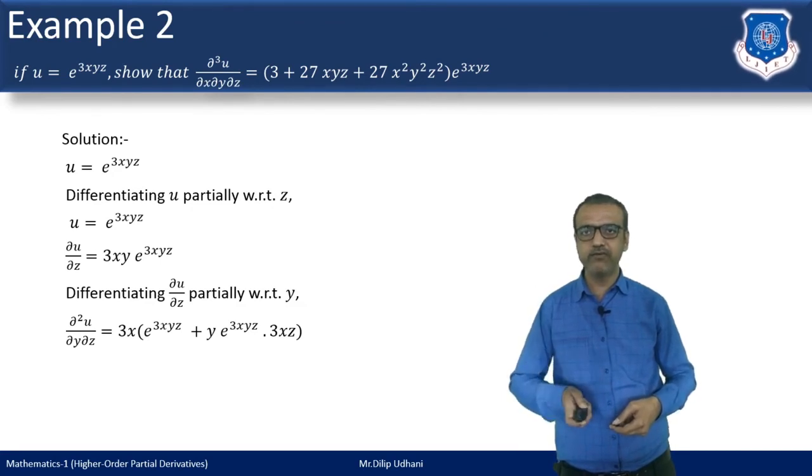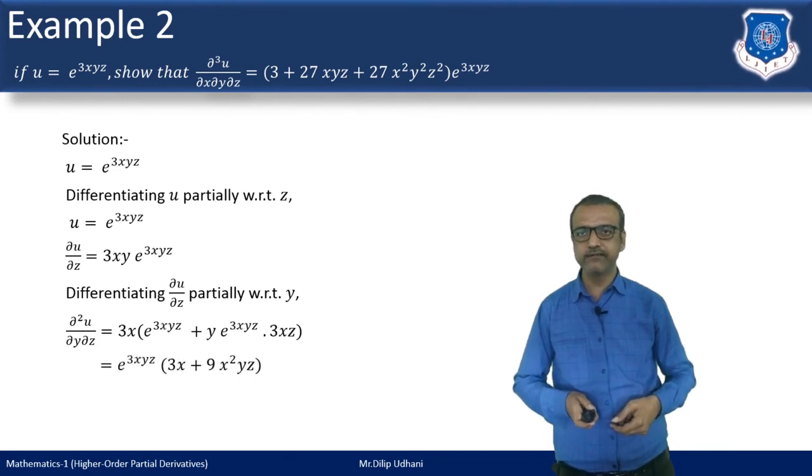Then plus y as it is, and the derivative of e raised to 3xyz is e raised to 3xyz, and in place of x we have 3xyz. So again we differentiate 3xyz partially with respect to y. The derivative of y is 1 and 3xz is constant. Now we will simplify this result. Taking e raised to 3xyz common and multiplying the bracket by 3x, we have e raised to 3xyz into (3x plus 9x square yz). Now this is del square u by del y del z.